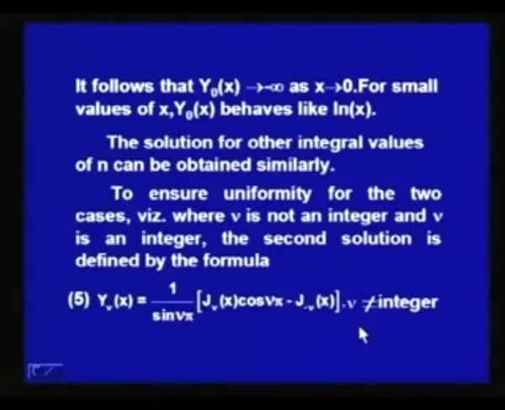You see, we have seen earlier that when nu is not an integer, the two solutions of the Bessel's equation J nu (x) and J minus nu (x) are linearly independent. So, when nu is not an integer, this Y nu (x) being a linear combination of J nu (x) and J minus nu (x) is also a solution of the Bessel's equation, and therefore may be taken as the second solution of the Bessel's equation.